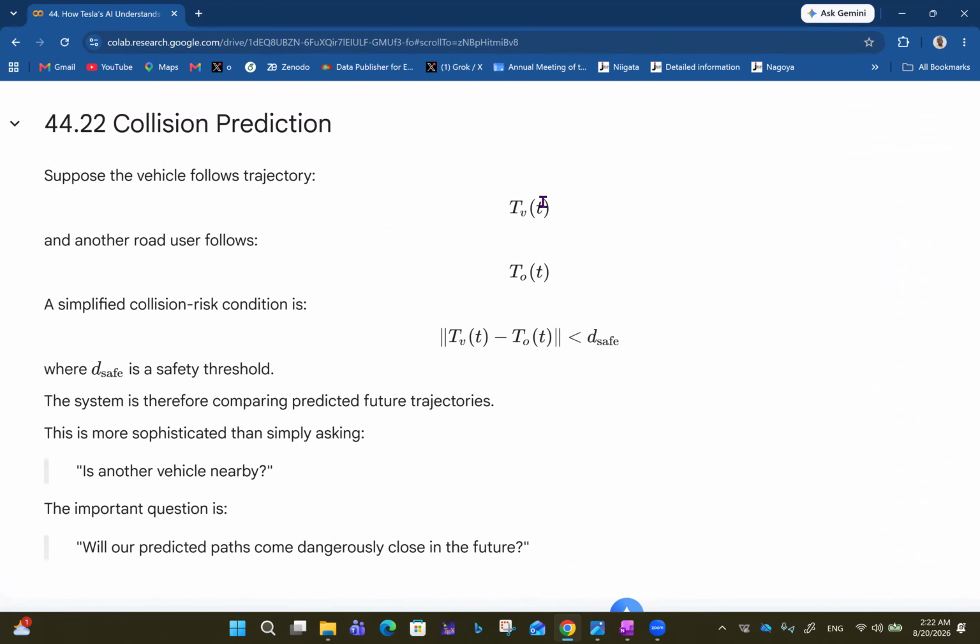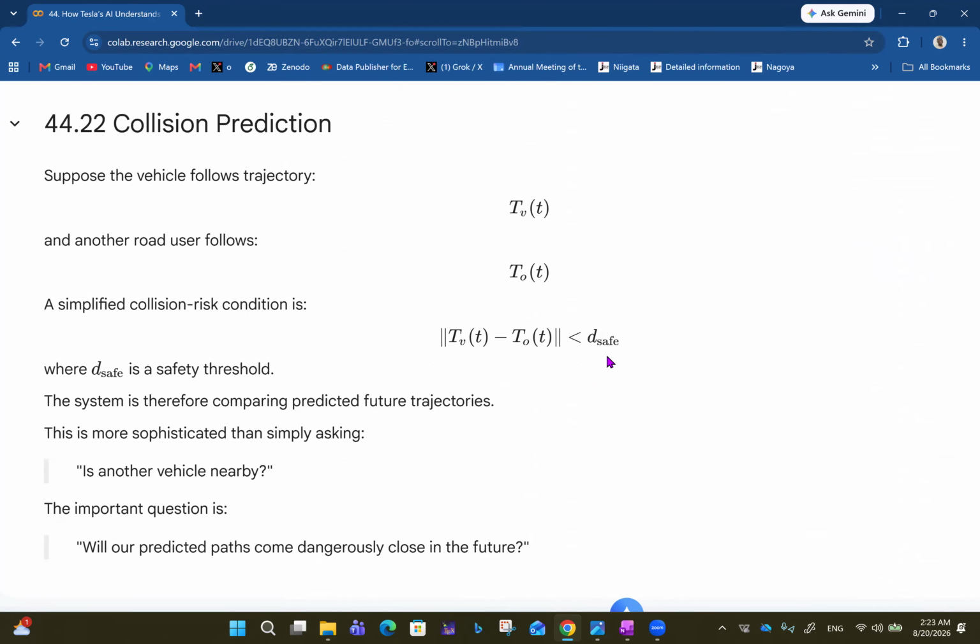Suppose the vehicle follows trajectory T_V(t), and another road user follows T_O(t). A simplified collision risk condition can be the absolute distance |T_V(t) - T_O(t)| less than D_safe, where D_safe is the safety threshold. Once it is less than the safety threshold, the car will have to stop.